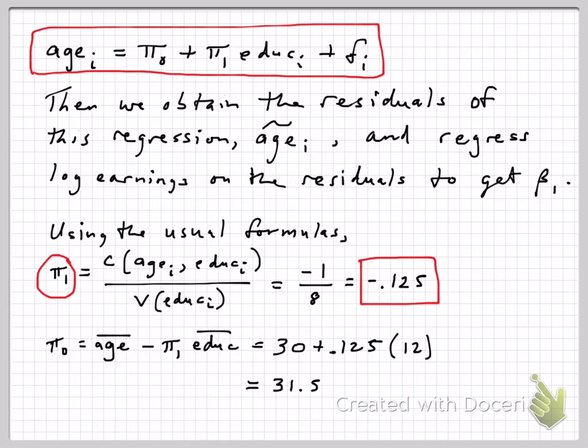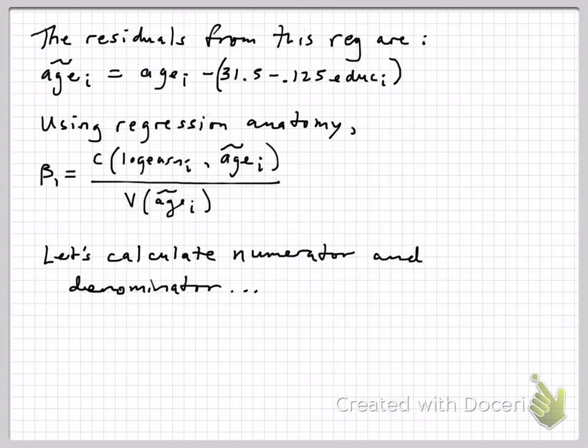Then we can use the fact that the regression always runs through the means of the variables to back out the intercept term pi 0 for the auxiliary regression, and plugging in the mean numbers and our estimate of pi 1, the slope, we get an intercept of 31.5. So now we've got the auxiliary regression all estimated using the usual rules for simple regression coefficients.